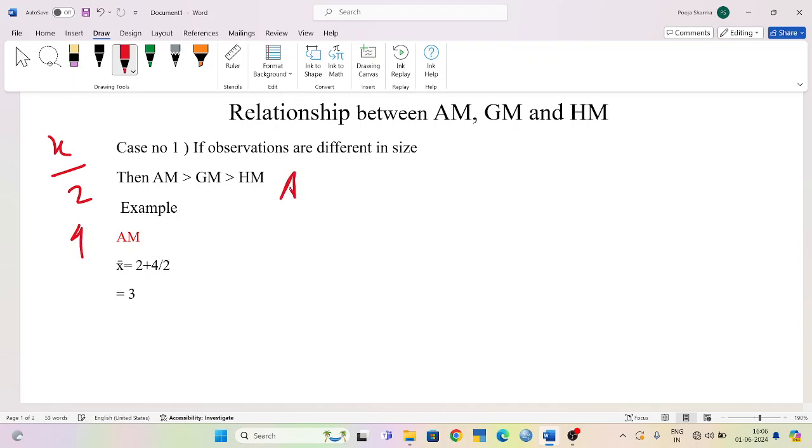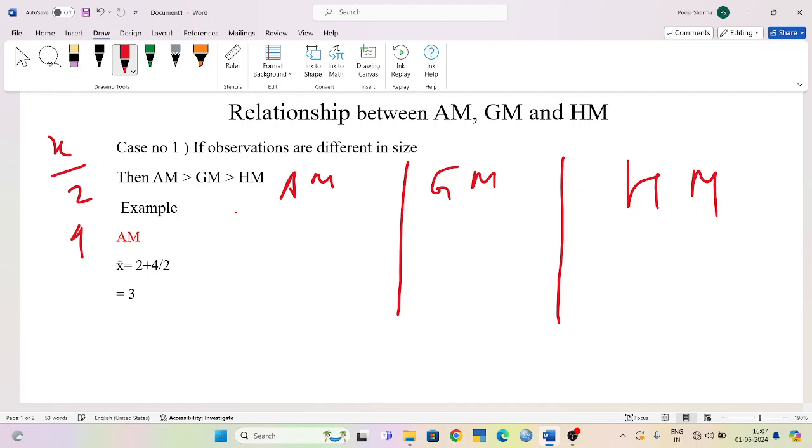Arithmetic mean, AM, GM, HM. The value of AM is A plus B divided by 2. That is A plus B. Here A is 2, B is 4. Divide by 2. We will get the value 3.